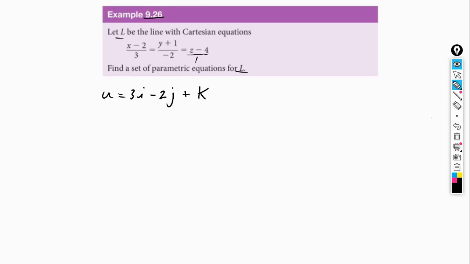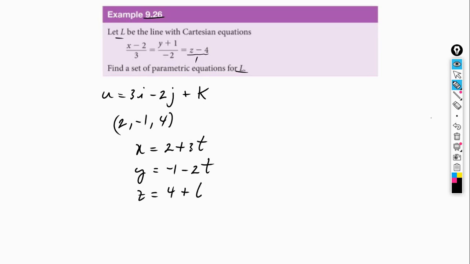And then we know from the numerators that the point (2, minus 1, 4) lies on L. Now, that means that the parametric equations would be x is equal to 2 plus 3t, y is equal to minus 1 minus 2t, and z is equal to 4 plus t.